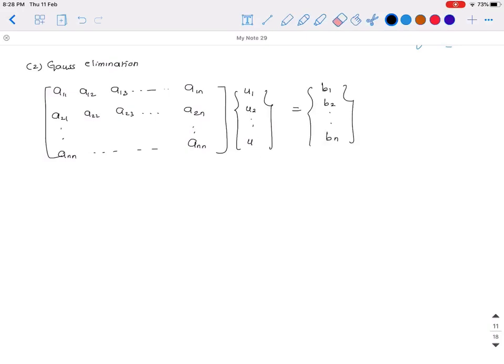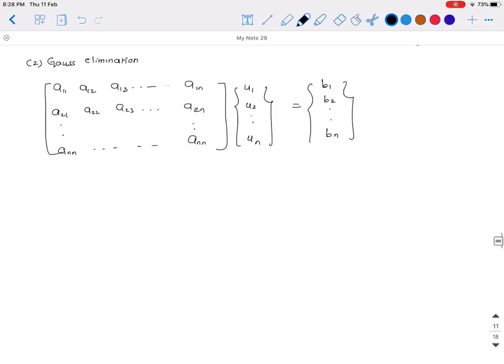I think I am using small n and capital N interchangeably here, but I hope you will be able to get the full picture. This is the system of linear algebraic equations that we want to solve. Gauss elimination involves 2 steps, and you know them already because you have learned this very recently. Step 1 is what we call the forward elimination step.